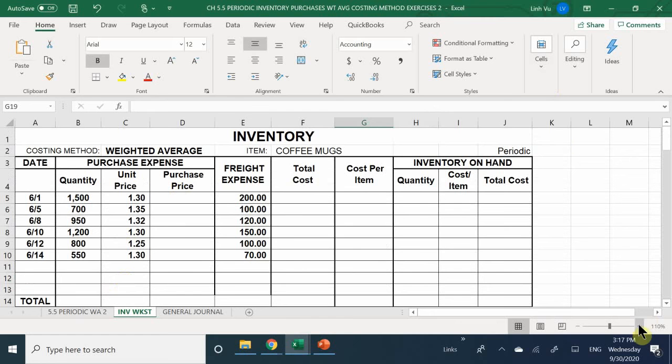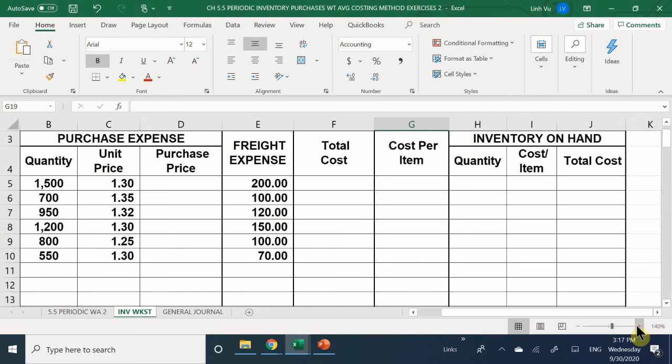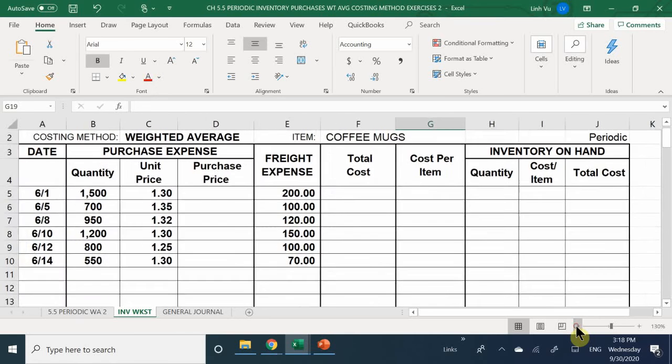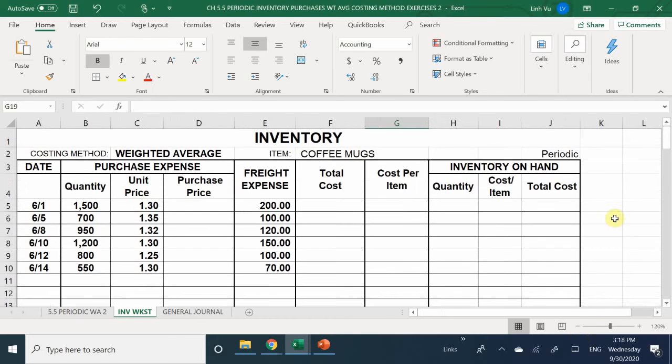So here, we're going to practice this again. These scenarios and numbers are going to be different, so go ahead and copy them down.